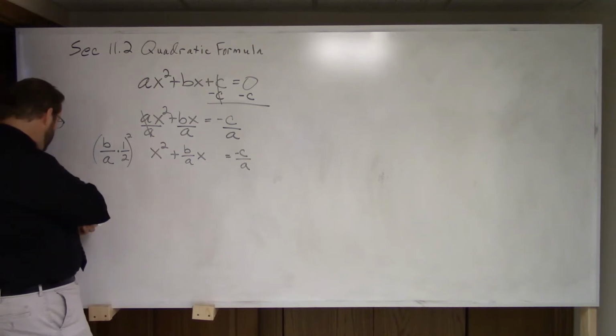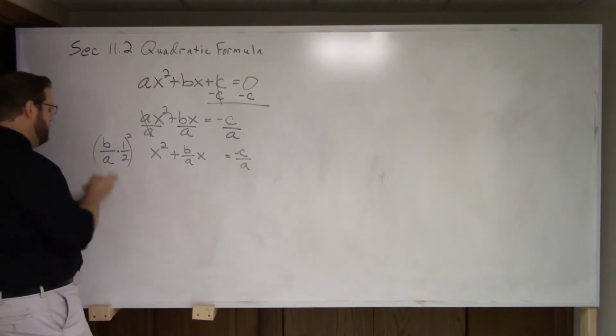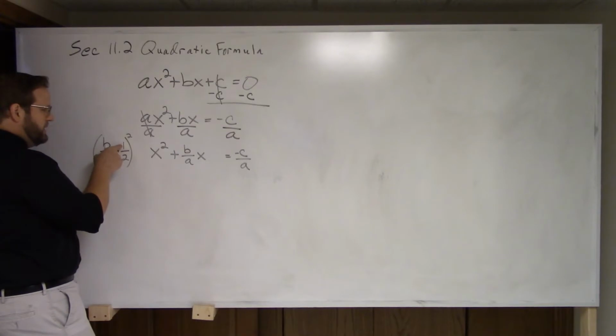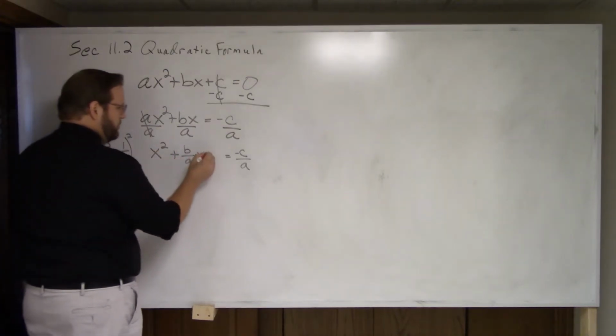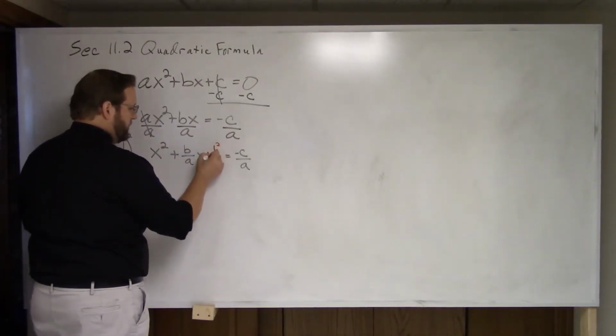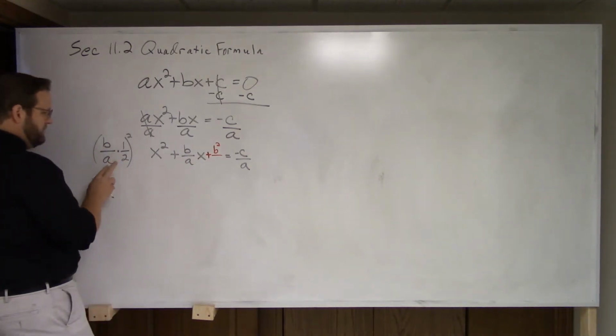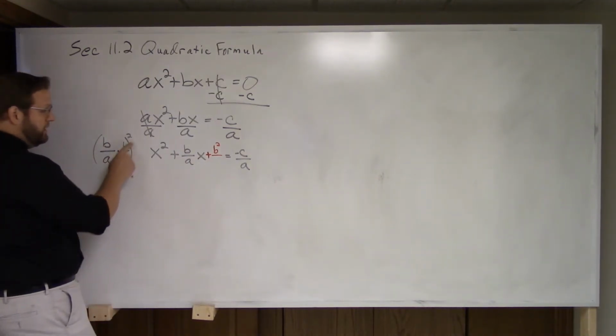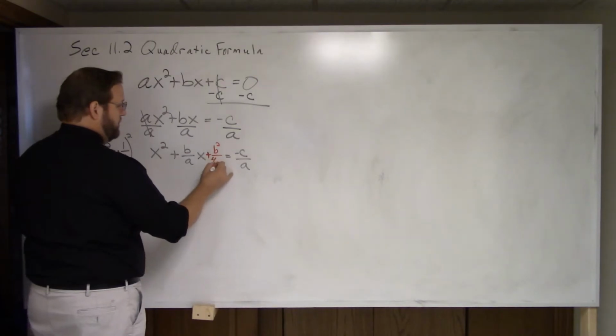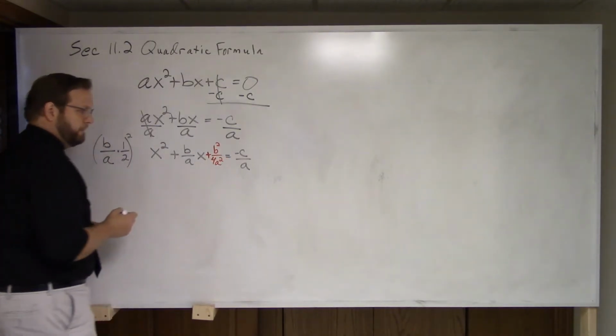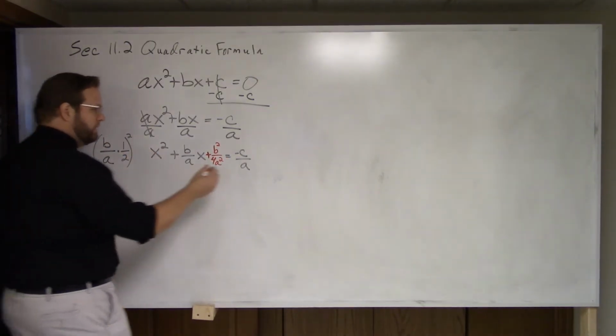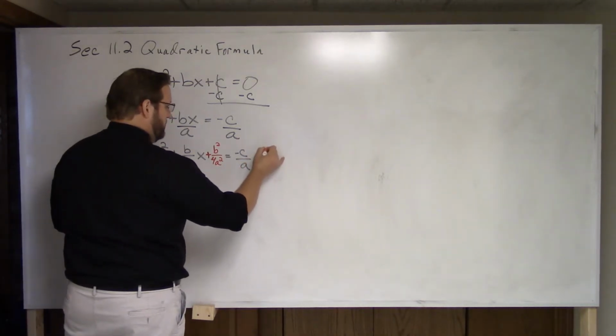Now what I get with that is b times 1 is b, b squared. So I'm going to add a b squared on top. And then that denominator, I have a times 2, so 2a squared is 4a squared. So I add it there, and I add it here.